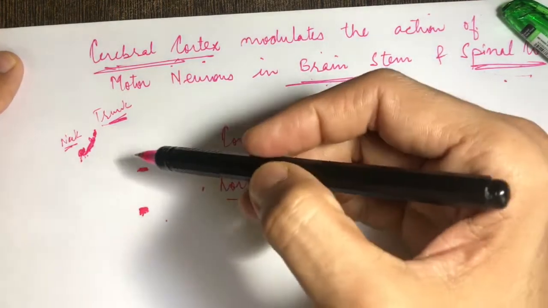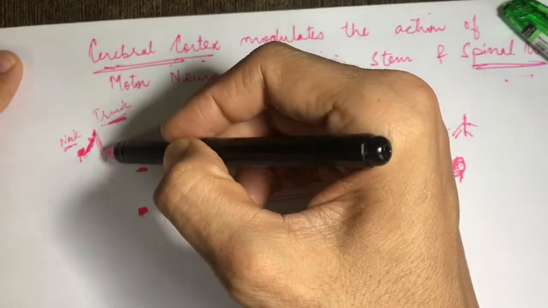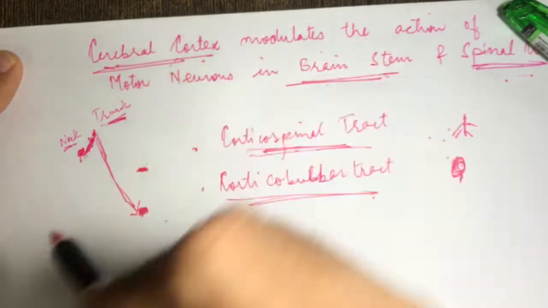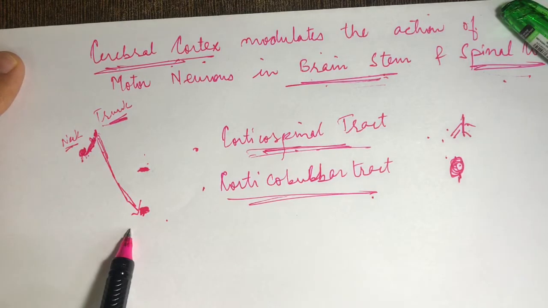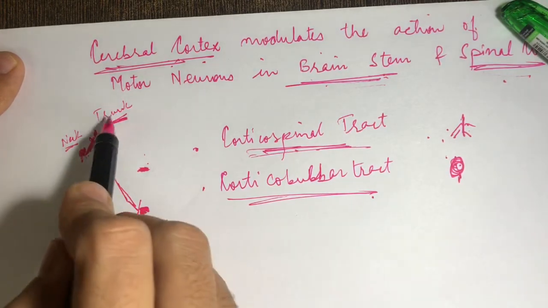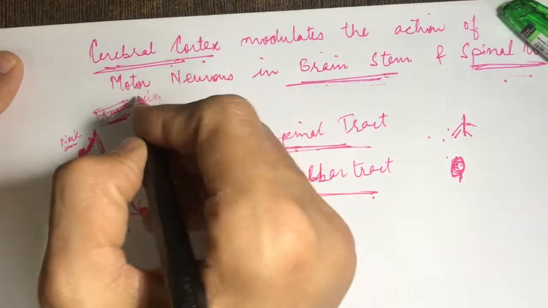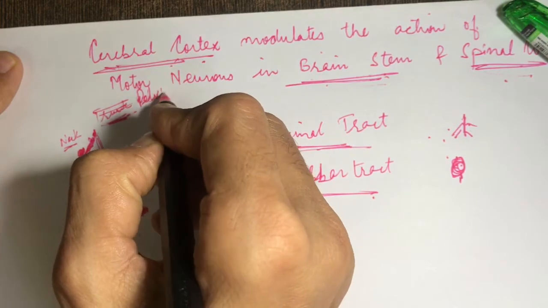It means there is topographic representation for the trunk neurons. They have a direct connection with the lumbar area, the spinal motor neuron which controls the pelvis. Instead of the trunk, just remember it, just make it pelvis. Okay, pelvic area.